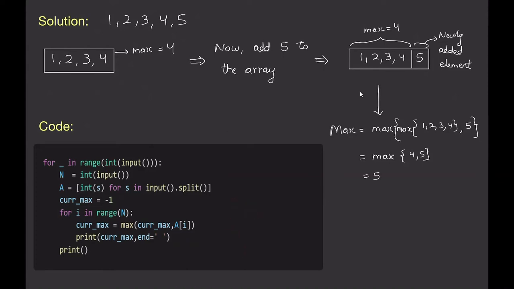Now if I keep going further for a later i, for i greater than 1, I have the value of current max which stores the maximum till i minus 1. So the maximum for all elements from 1 to i minus 1 is stored at current max. Now what I have to do is just compare a of i with current max, store the max of those two in current max, and print it. That's it.